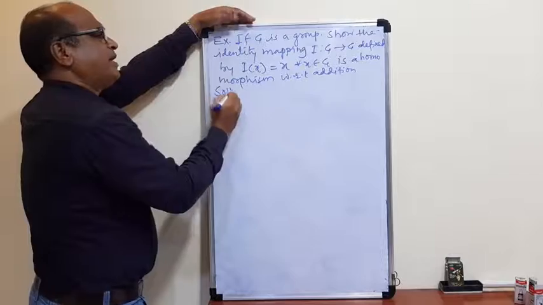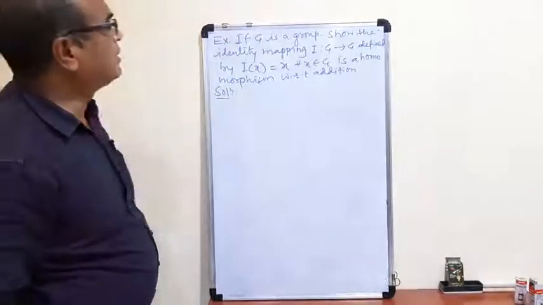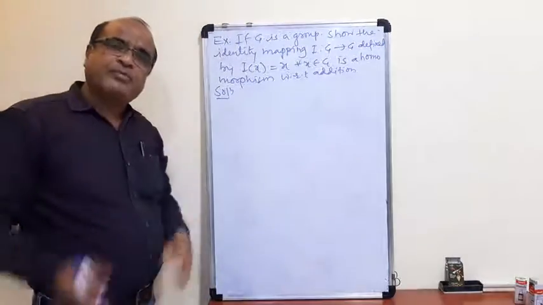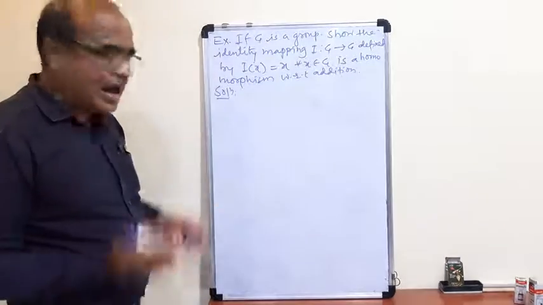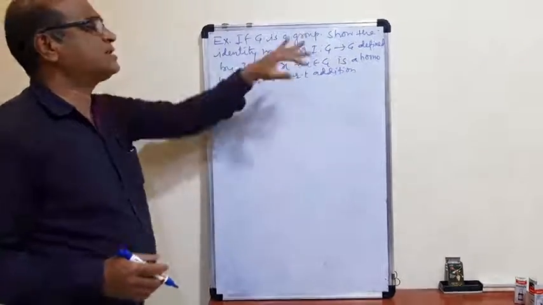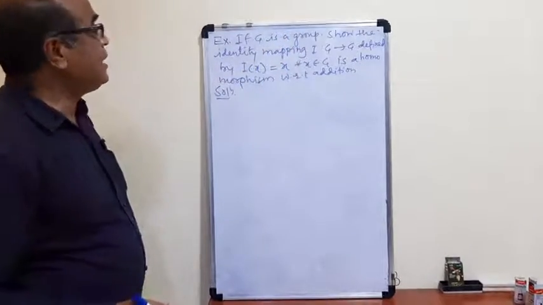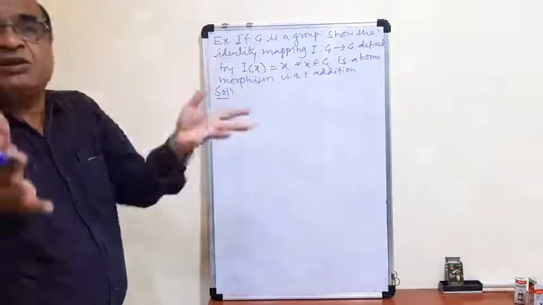So what is the example here? If G is a group, show that the identity mapping from G to G defined by I(x) = x for all x belongs to G is a homomorphism with respect to the addition operation.